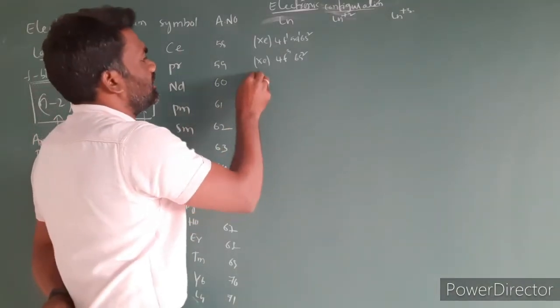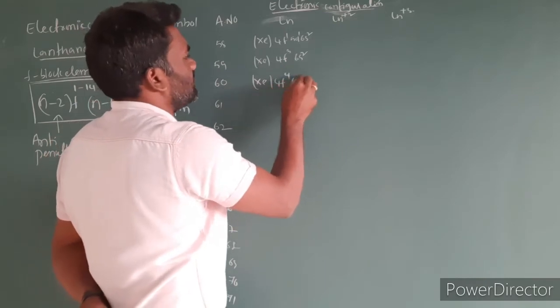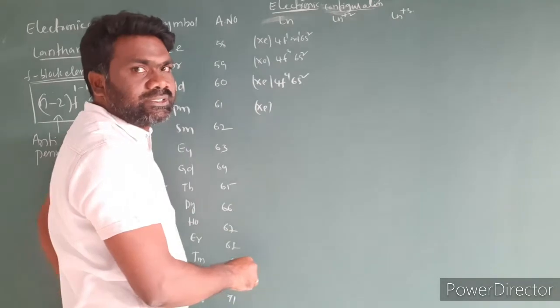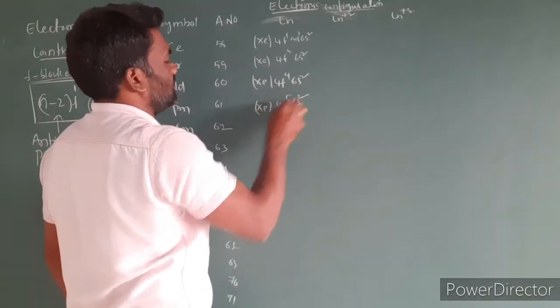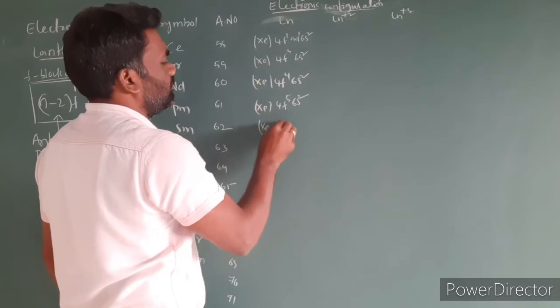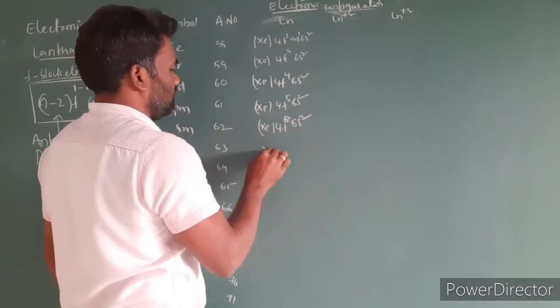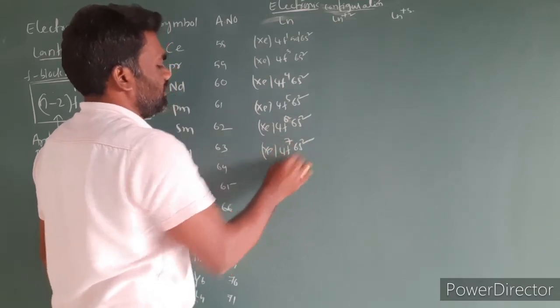Next, xenon 4f4, 6s2. Xenon continues, we have to increase the number of electrons in the f orbital: 4f5, 6s2, xenon 4f6, 6s2, xenon 4f7, 6s2.